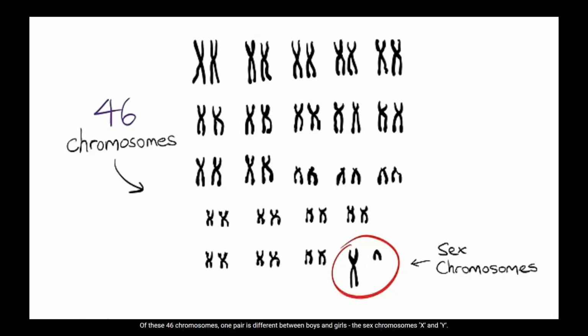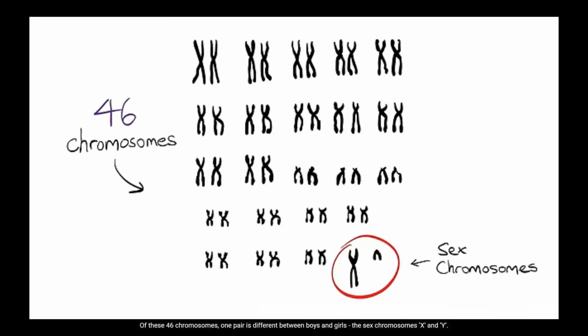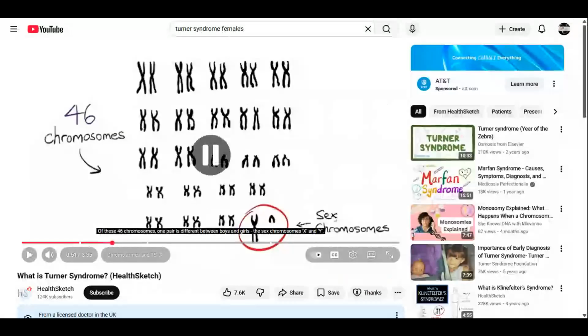That is why it only affects females. Let me repeat that. Every X only makes females. Every single X chromosome only makes females. That is why this thing only affects females.